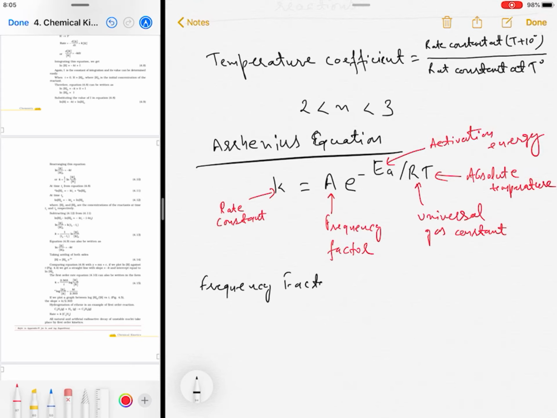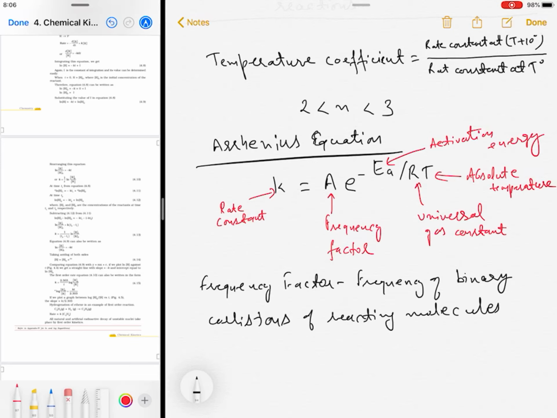Frequency factor is defined as the frequency of binary collisions of the reacting molecules per unit time and per unit volume.